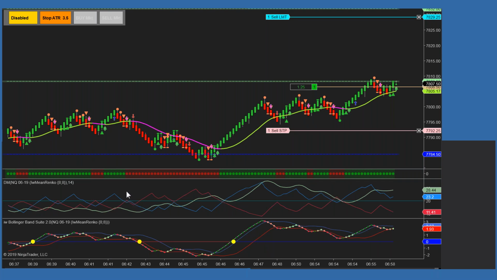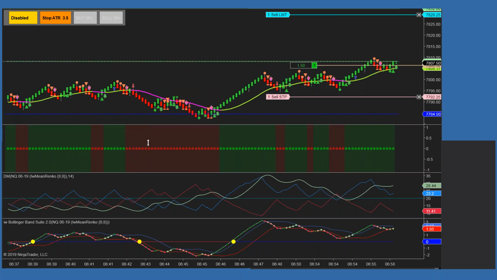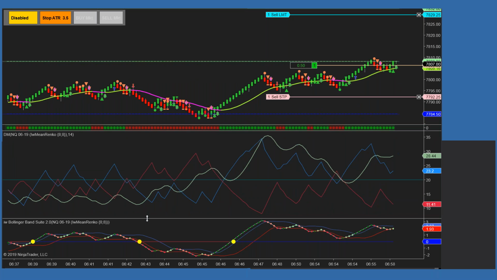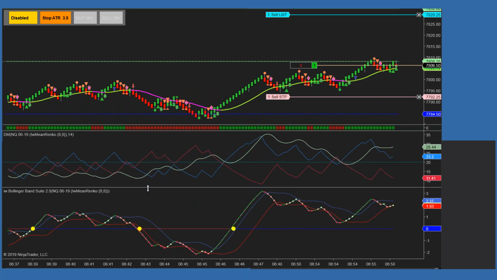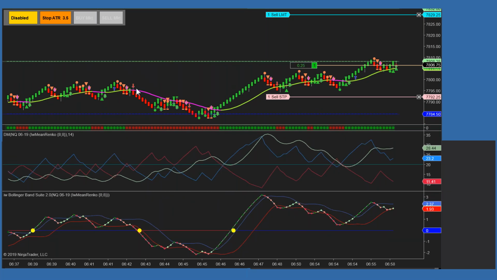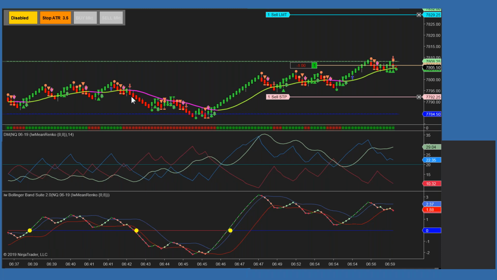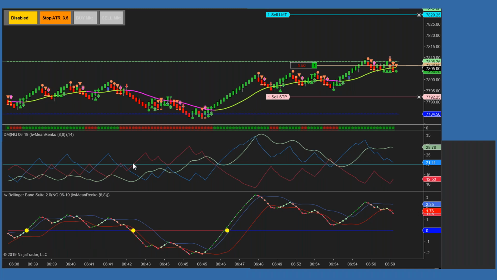Because we had, let me make this bigger. Well, actually, the signal printed early. Sorry, I thought we had a signal print around here somewhere. But the Bollingers and the DMI surpassed the other peak, the little blue peak right here.